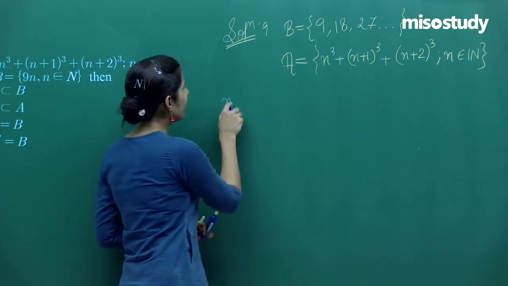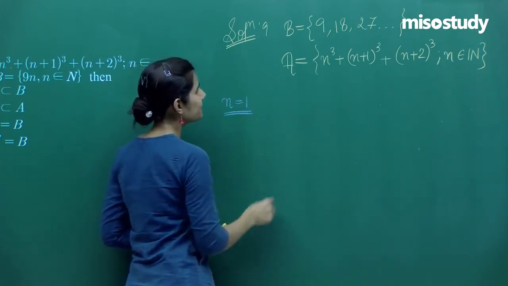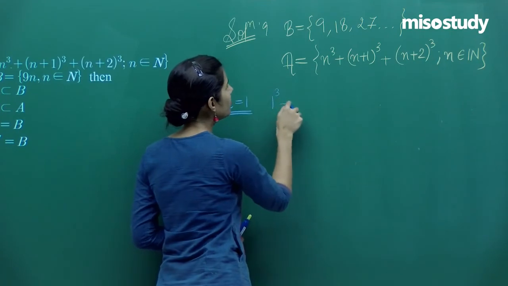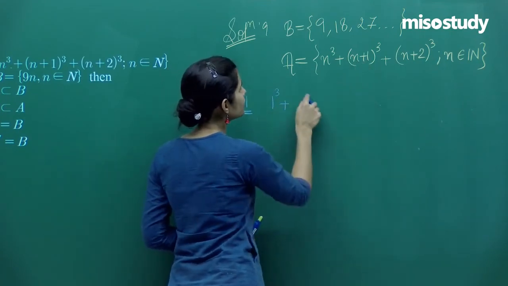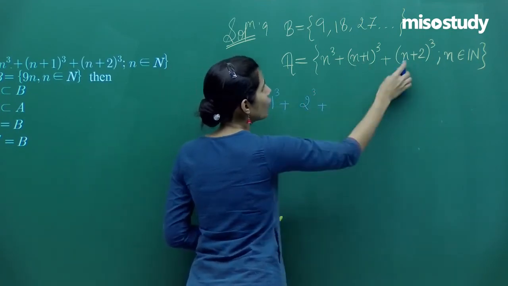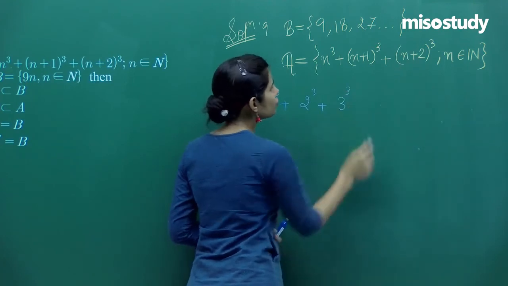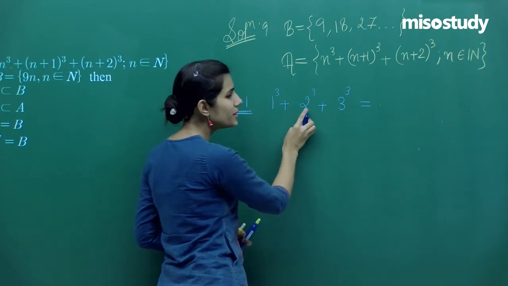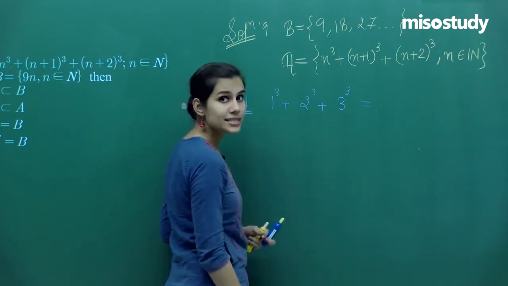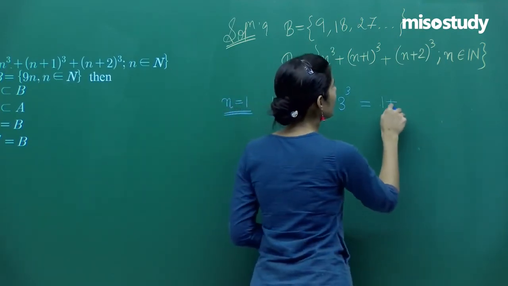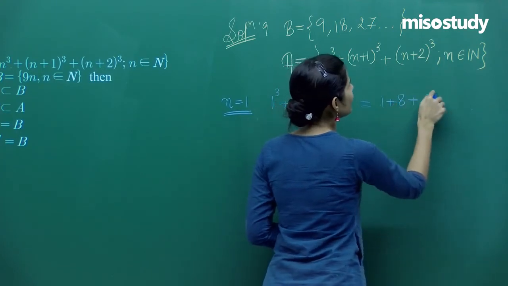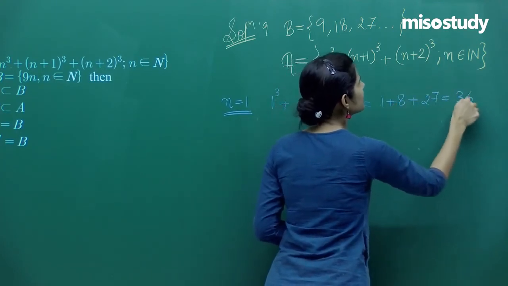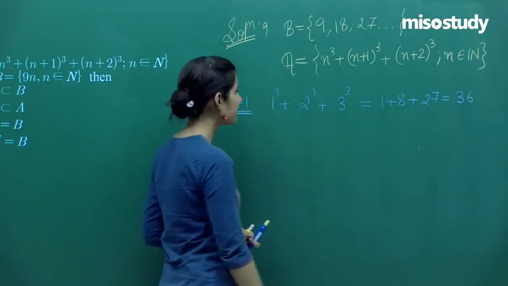If I take my n equal to 1, I get 1 cube plus 1 plus 1, which is 2 cube, plus 1 plus 2, which is 3 cube. What is this? 1 plus 2 cube is 8 and 3 cube is 27. So you get 1 plus 8 plus 27, which is 36.